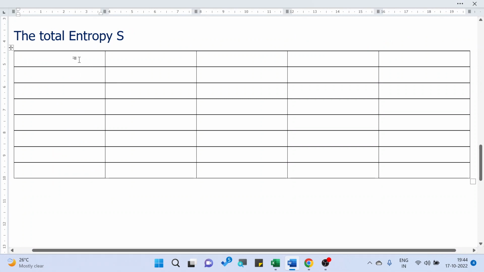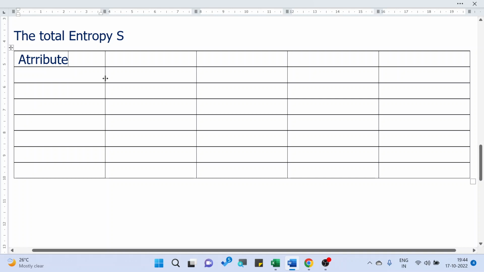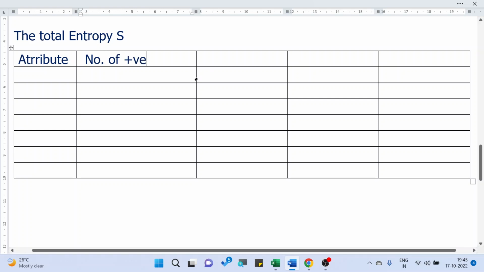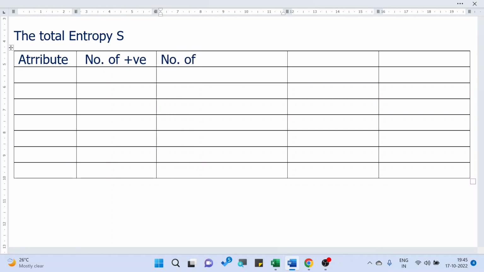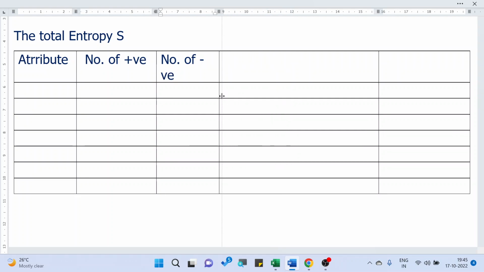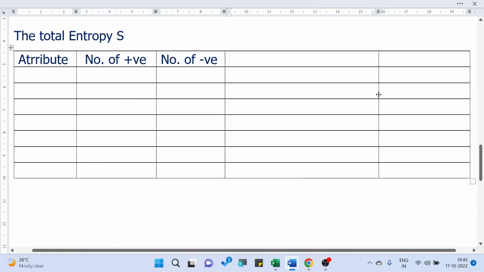Attribute, number of positive examples, that means yes, number of negative examples, that means no, and obviously then maybe you can add total.